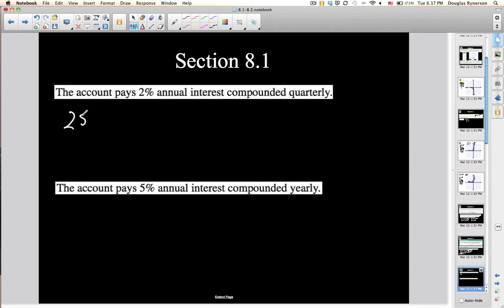So in this case, my $2,500 is equal to principal times 1 plus 0.02, compounded quarterly would be 4. And the 4 goes up here, and it's still 2 years. So this is going to be P times 1.005 to the 8th power.